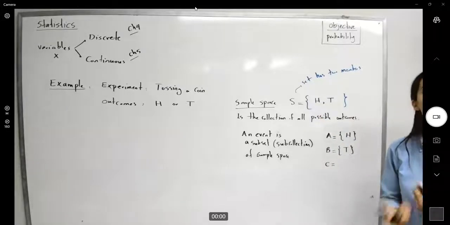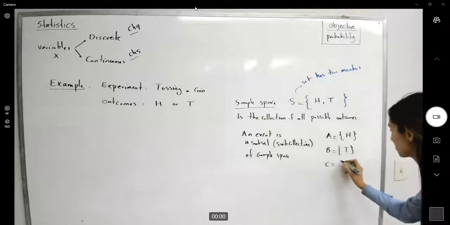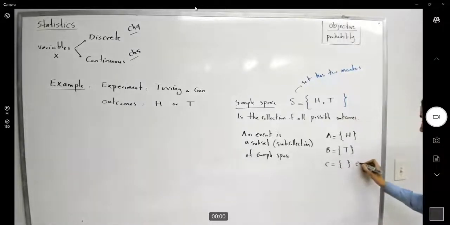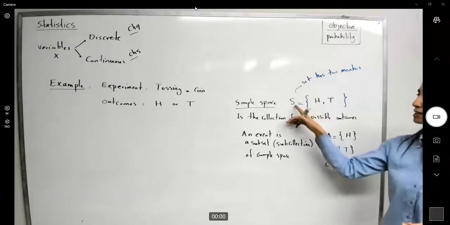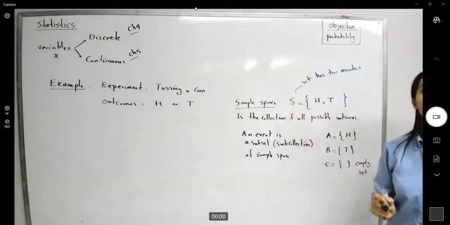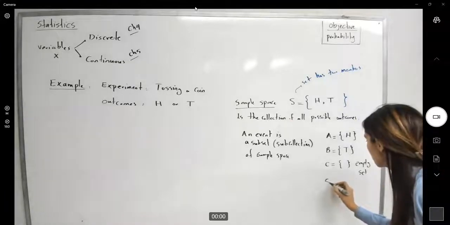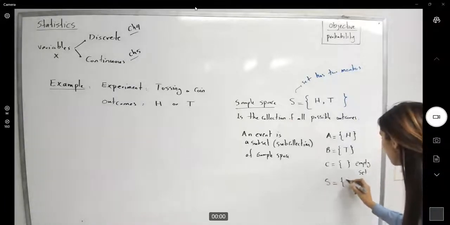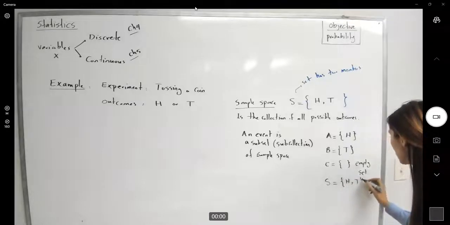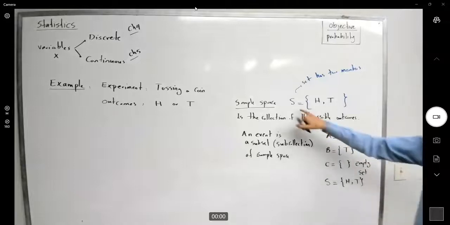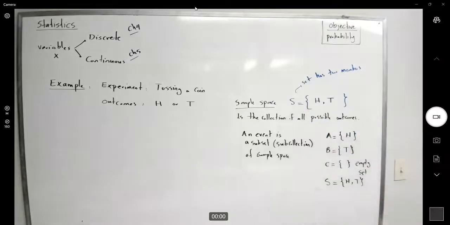It has no member in it. It's denoted by empty brackets. And finally, the sample space itself forms an event. S equals head, comma, tail is also a subset of S itself.